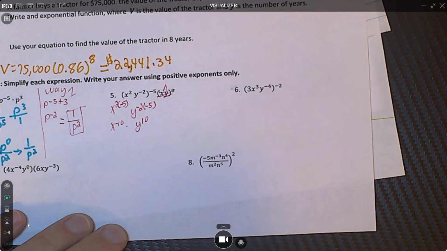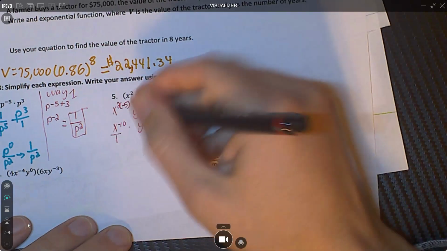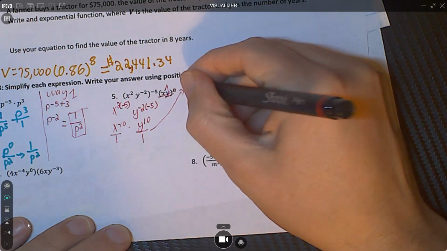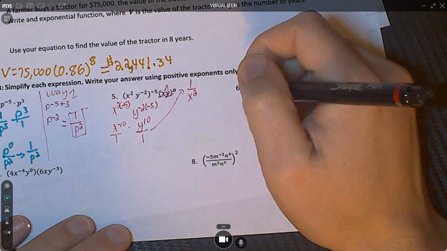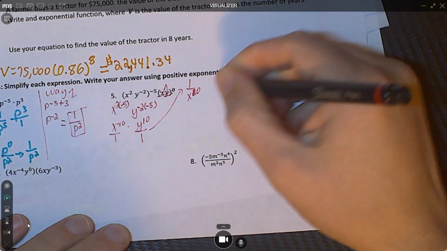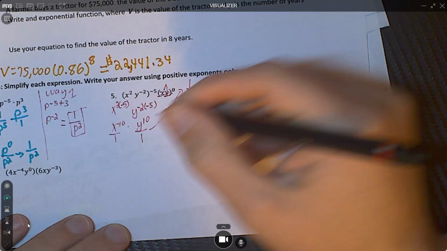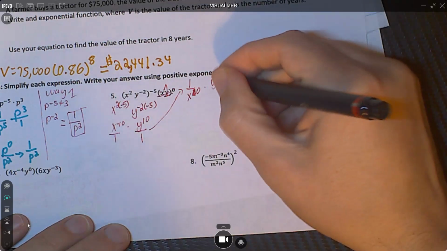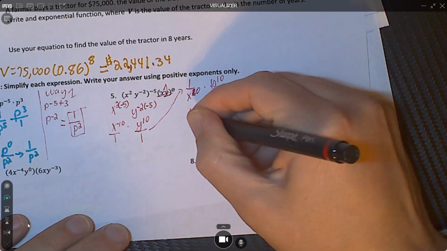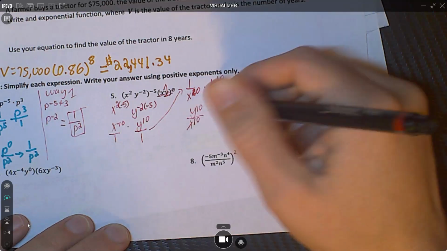Okay, we only need to move positive or negative exponents to the denominator. So up here, we have basically 1 over x squared, x to the 10th, x to the 10th, times y to the 10th over 1, so y to the 10th over x to the 10th.